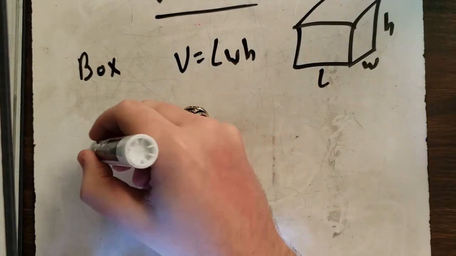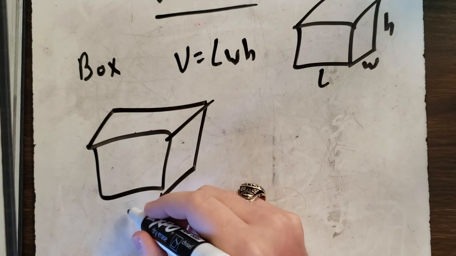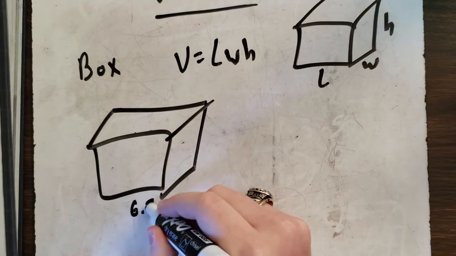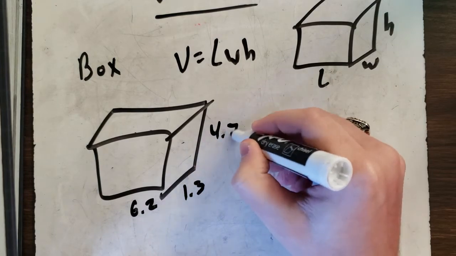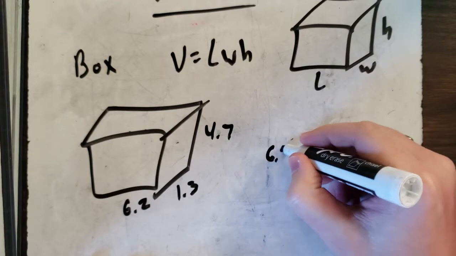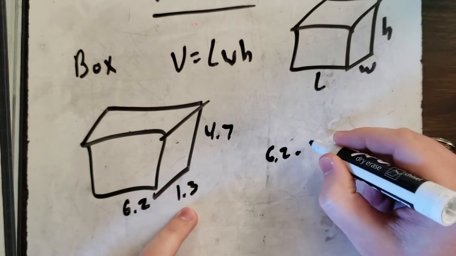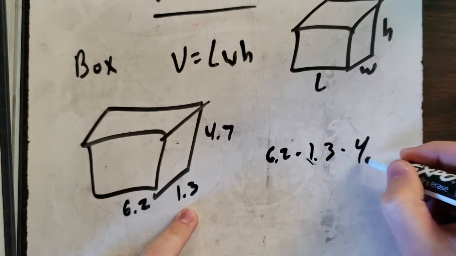Let's try one with 6.2, 1.3, and 4.7. Okay, so same thing. Multiply the three numbers, right? 6.2 times 1.3 times 4.7.